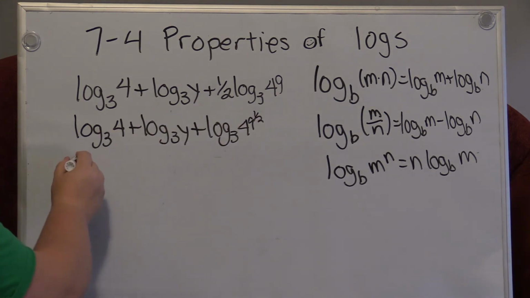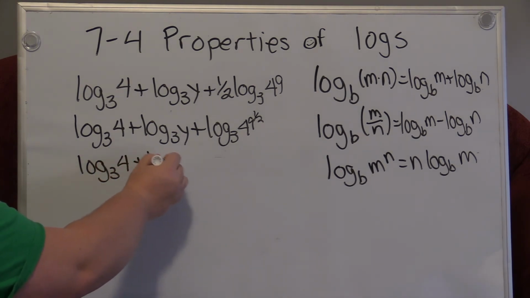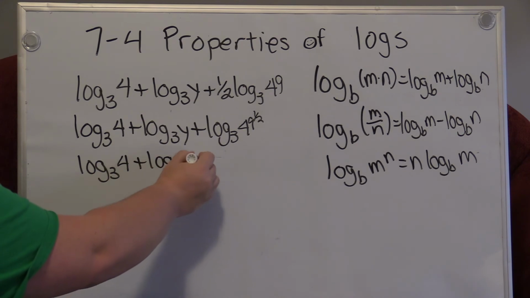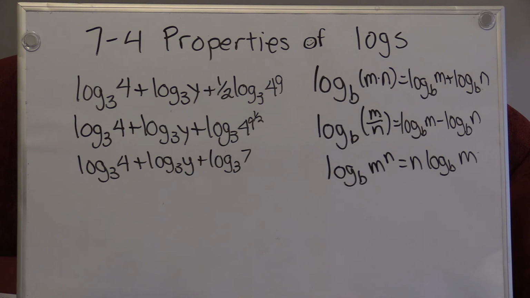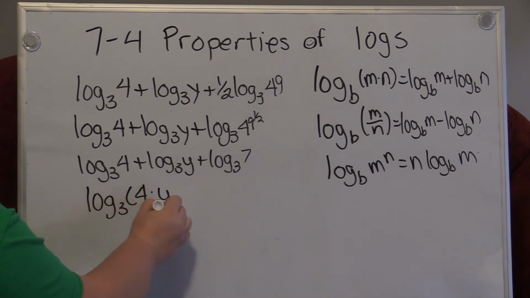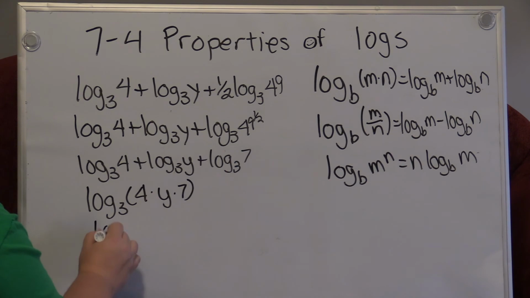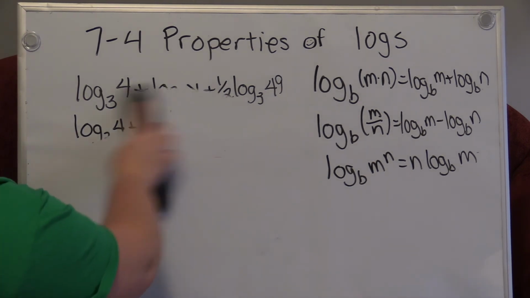So this becomes log base 3 of 4 plus log base 3 of y plus log base 3 of 7. And when we pull them all together, we multiply. So this becomes log base 3 of 4 times y times 7, or the log base 3 of 28y. Beautiful stuff. And I have one more example for you.